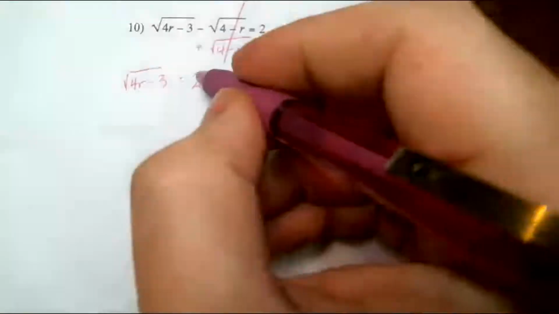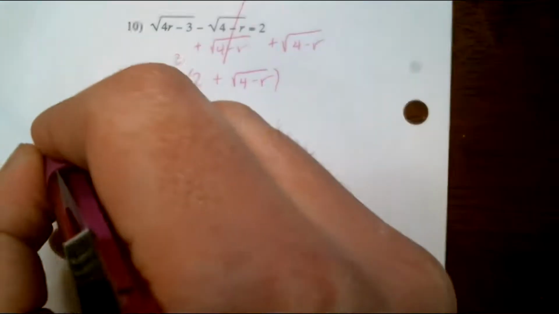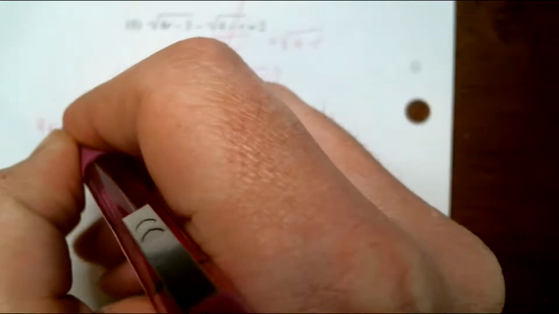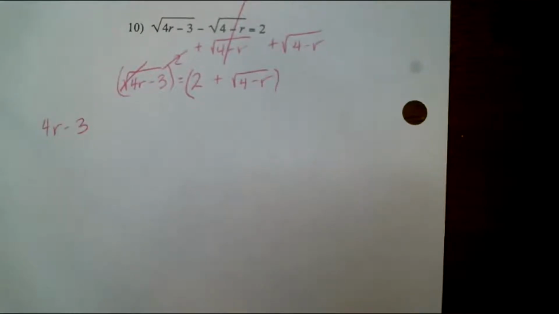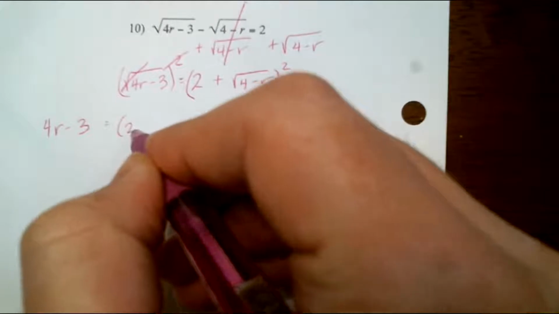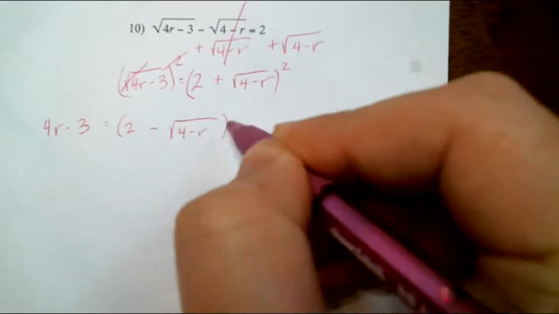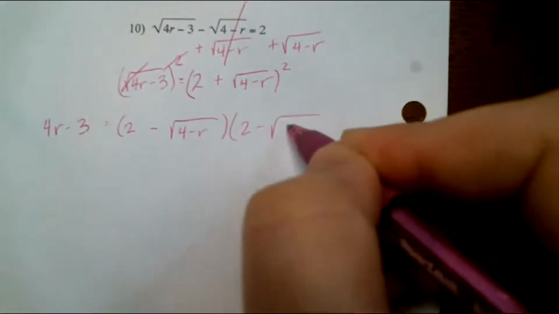From there, I would square both sides, right? Over here, I get 4r minus 3. The square root and the square just simply cancel each other. And over here, I square this side, and I have 2 minus radical 4 minus r times 2 minus radical 4 minus r.